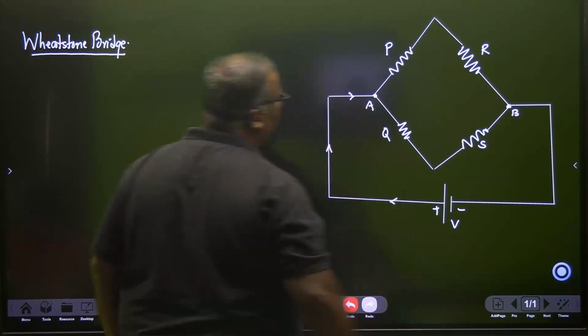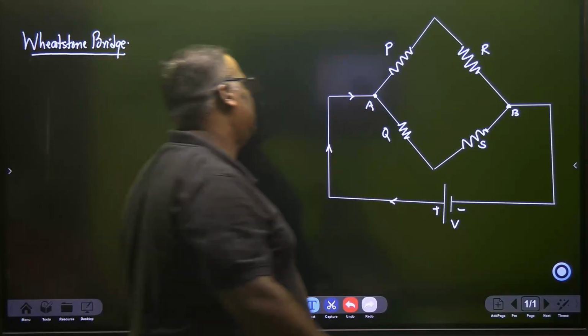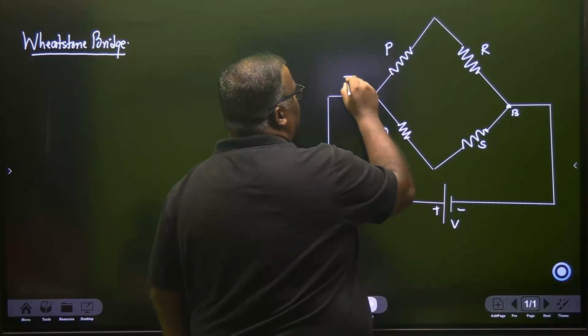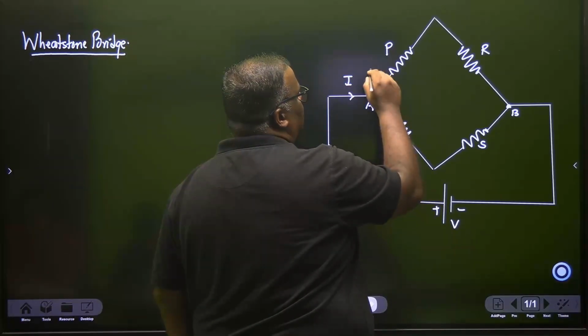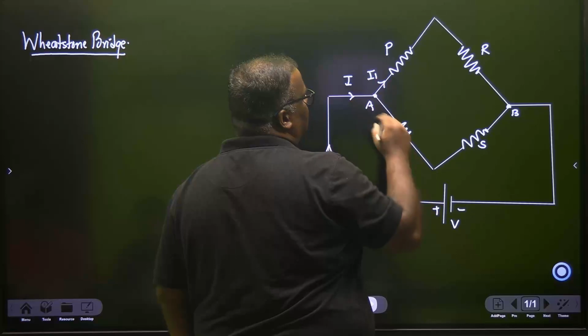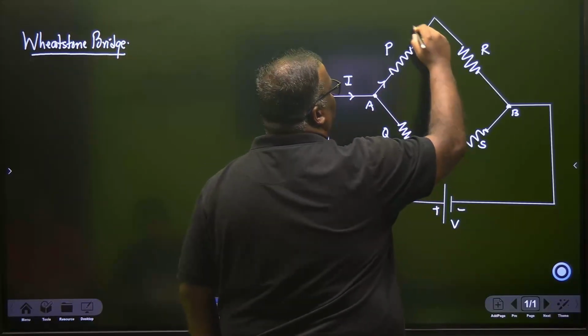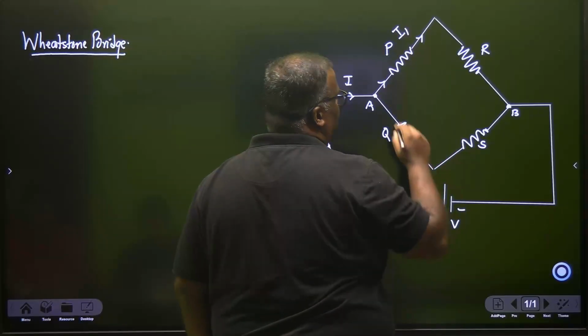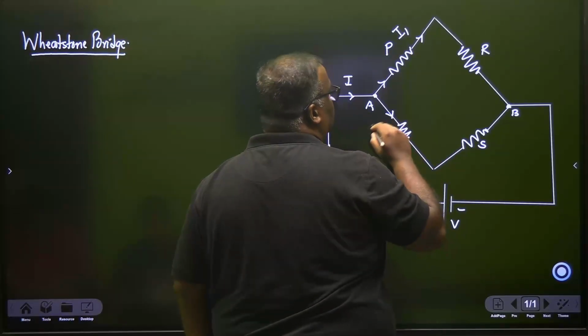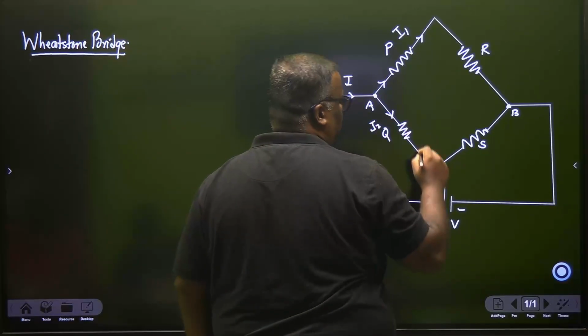So this is the circuit current, and the circuit current, say I, has now entered on the top arm. This current is I1, and this current is I2. Is this much understood?